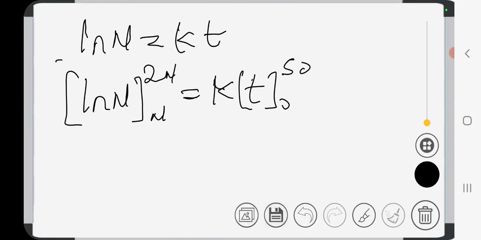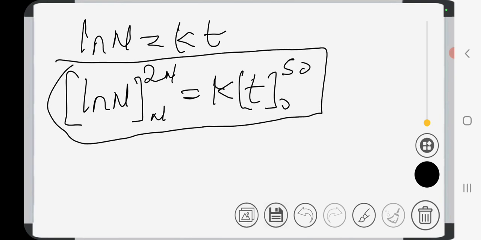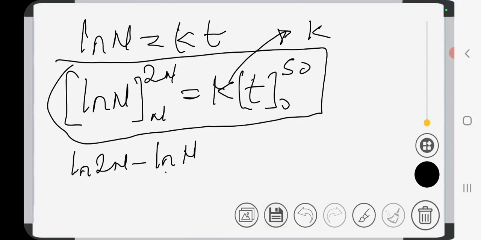This expression we use to derive the value of the constant of proportionality k. So from the law of logarithm, we substitute 2n and n, so we have ln 2n take away ln n. On the right, k times 50 take away 0, which is 50k.